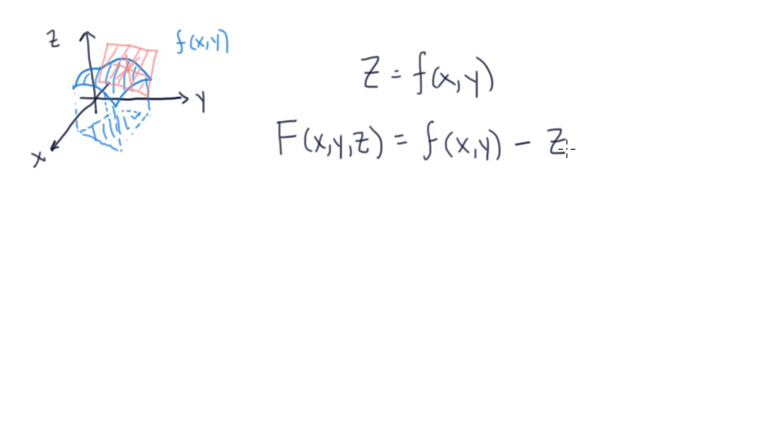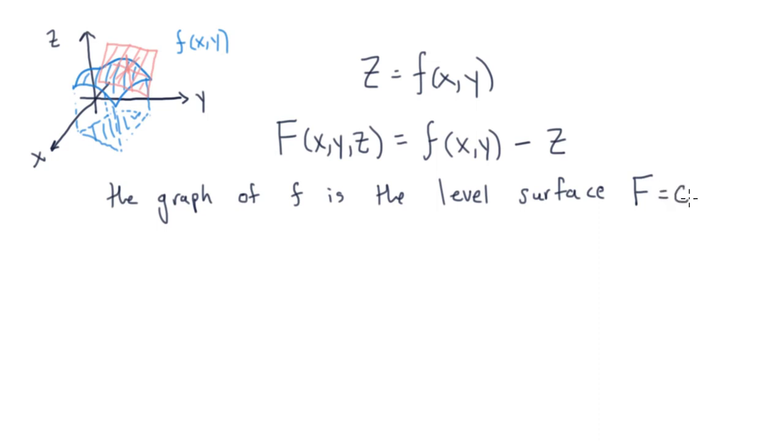This looks a little weird, but why did I do this? Notice that the graph of f is the level surface capital F equals 0. So now maybe you see the connection. I'm giving a generalization of our function. I'm saying our function is just one of the level surfaces of this function of three variables.